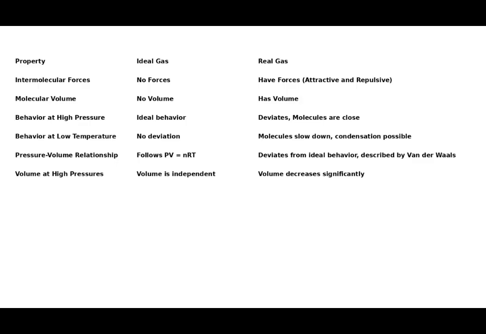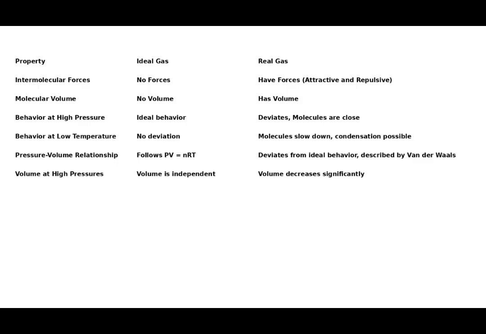At high pressure, gas molecules are forced closer together, and intermolecular forces, both attractive and repulsive, start to have a noticeable effect, causing deviations from the ideal gas law. Low temperature. At low temperatures, gas molecules move more slowly, and attractive forces between molecules become significant, which may lead to condensation, gas turning into liquid, under certain conditions.